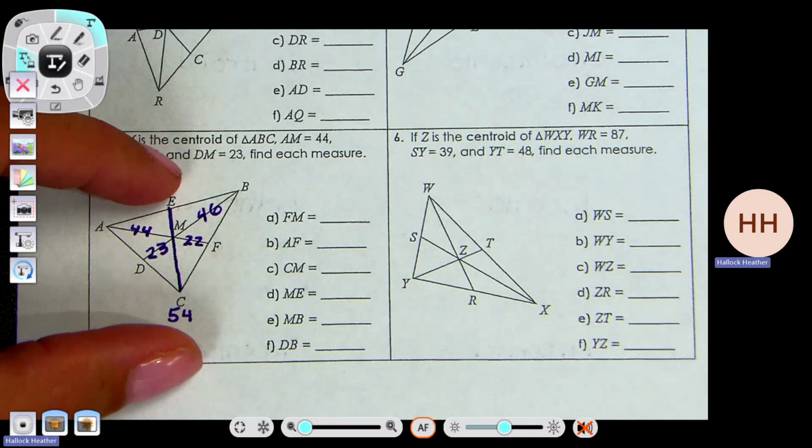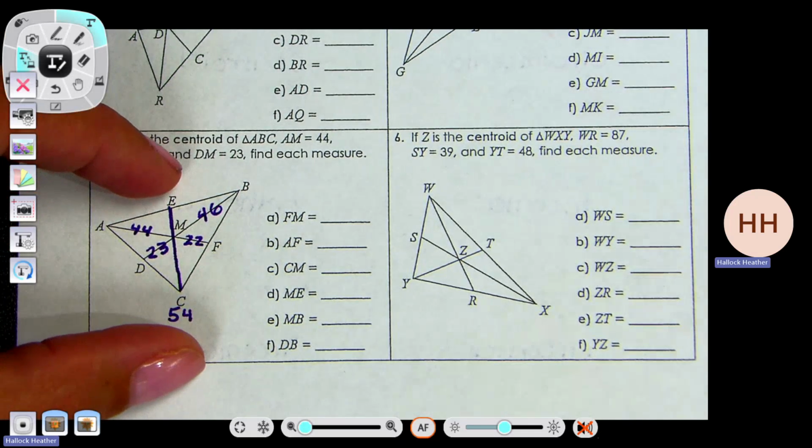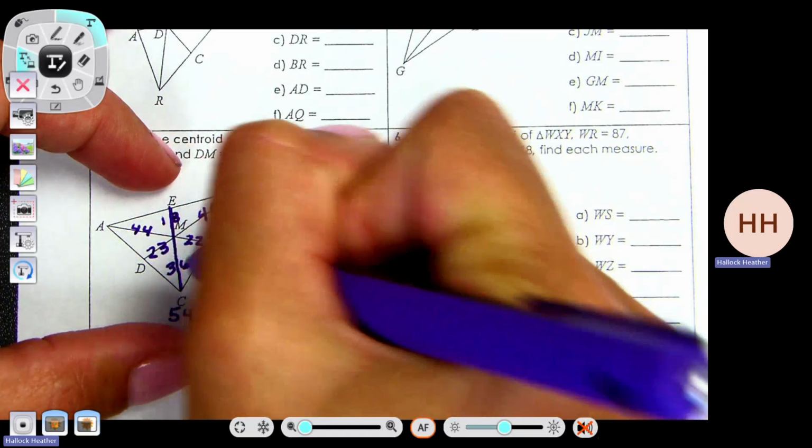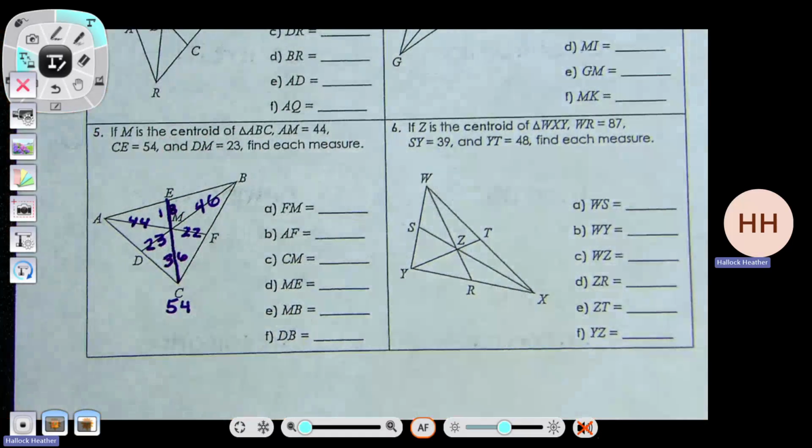So what did we do yesterday with that? Divide by 3. How much is each piece? 18. So this should be 18, the other one 36. What we did yesterday was it's split into thirds, technically. The bigger piece is 2 of them. The smaller piece is 1 of them.